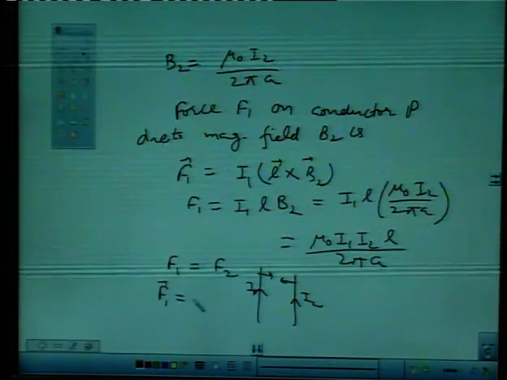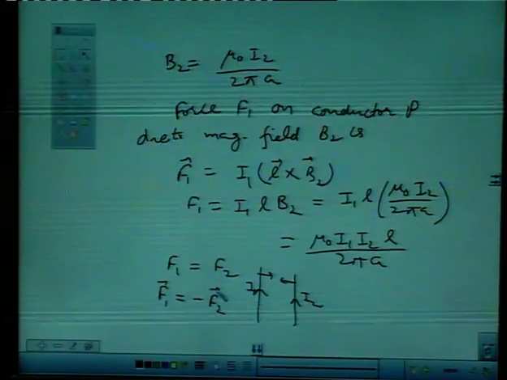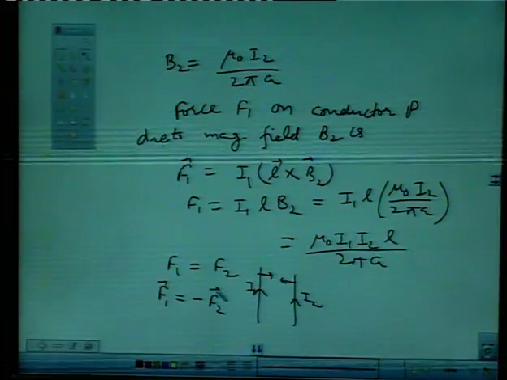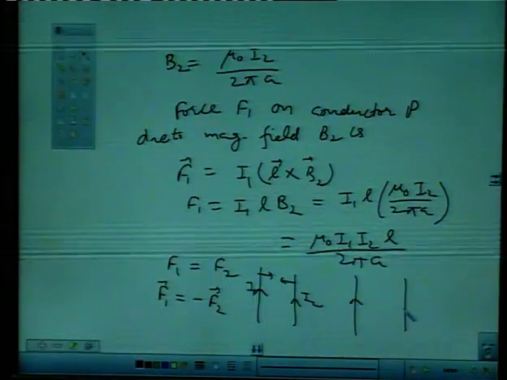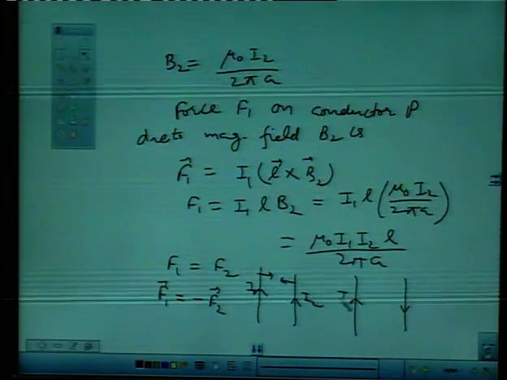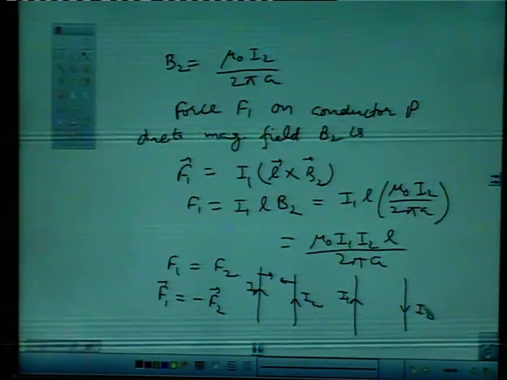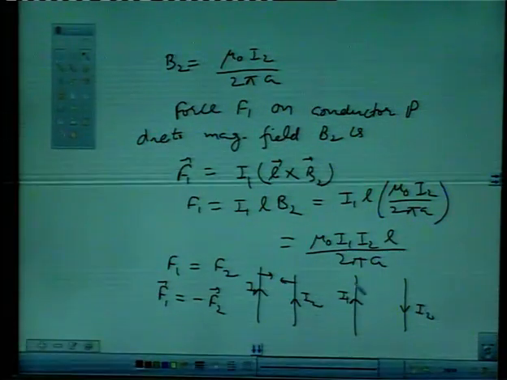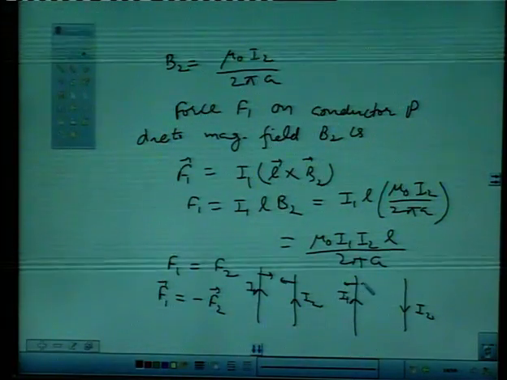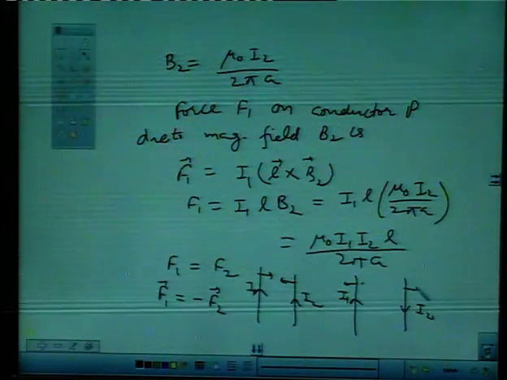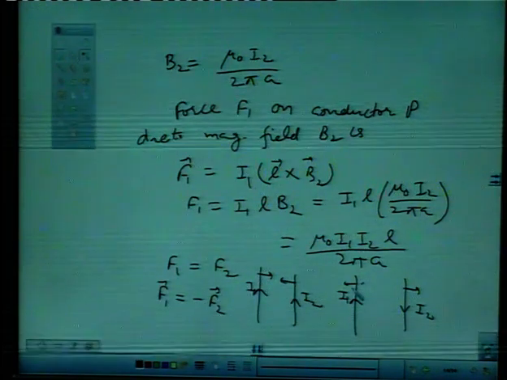F1 vector will be equal to minus F2, meaning the two conductors will attract each other. And if the currents are opposite to each other, in that case the forces will be opposite and the conductors will repel each other.